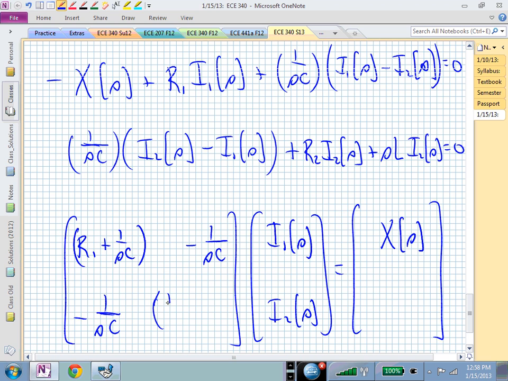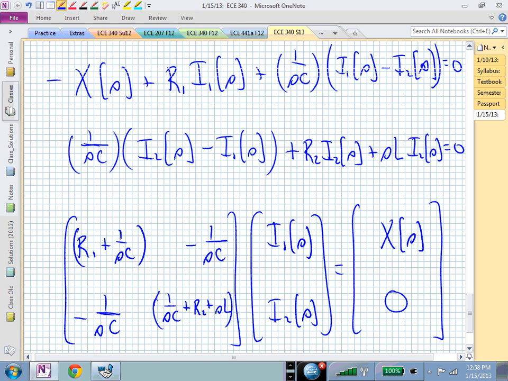I have a 1 over SC, I have an R sub 2, and I have an SL. And there's no input directly involved in that second mesh. And that's why I have a 0 on the right-hand side.